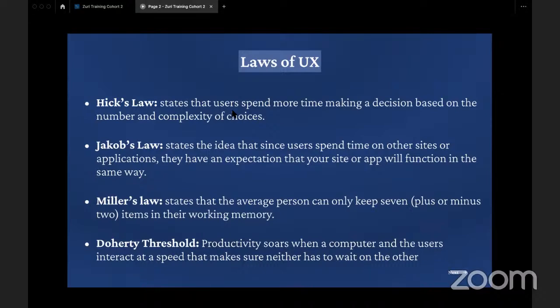Jamin says that Jacob's law is telling us that even in the uniqueness of our designs, we should infuse as much familiar elements as possible. That's nice. You're correct there.